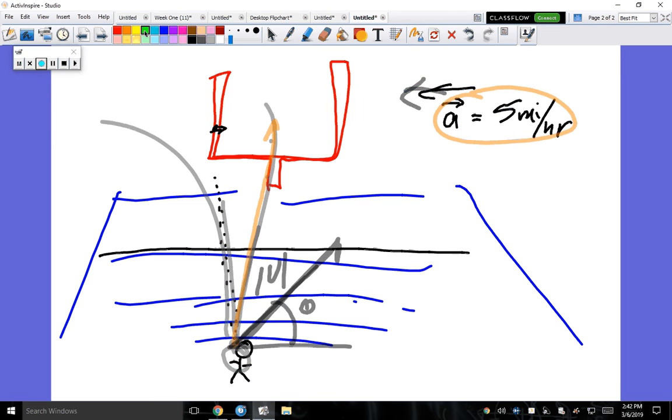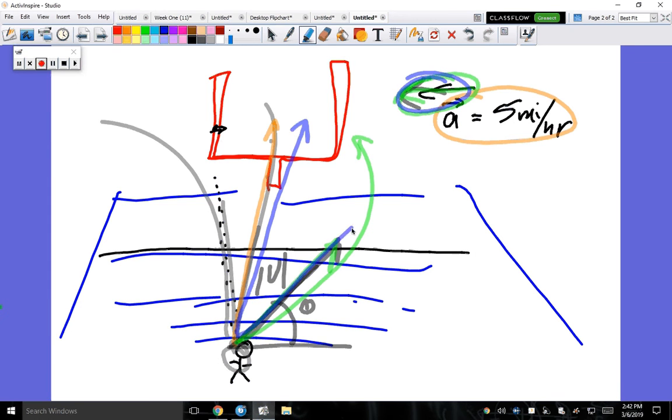Now look, here is what I'm aiming to kick. This, to the left, is happening as soon as I kick it, and it's happening at a constant rate. So will my ball do this? The answer is no. My ball will still travel in a straight line, but because of this wind, it's happening at the same time.